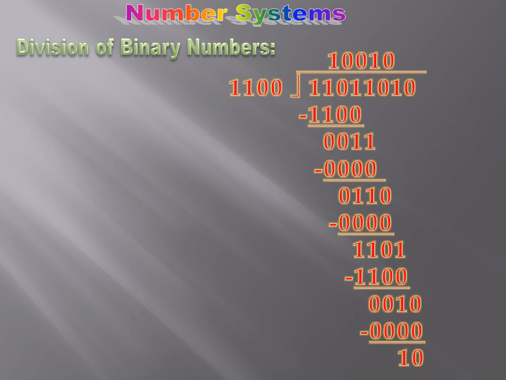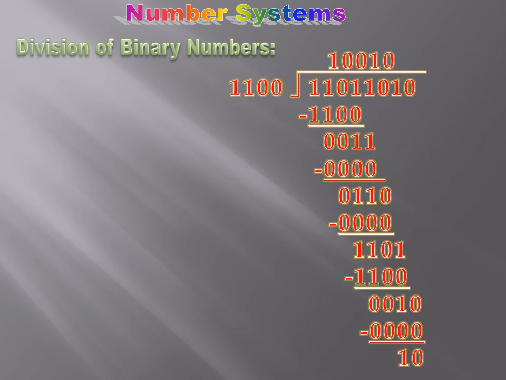Now 0 will come from here, again there is no division possible, then again one will have the remainder as 110, then this 1 will come, making it 1101, then subtract 1100, then again we have the 0 in the remainder, so this 0 will come, the division is not possible, this 10 will be the remainder, and 100 will be the quotient.